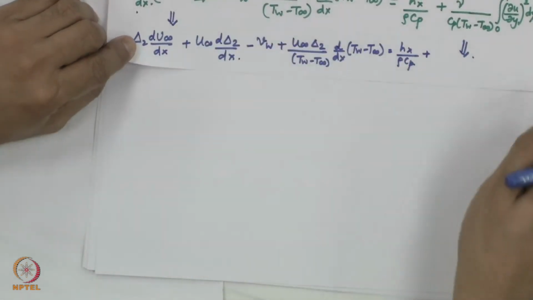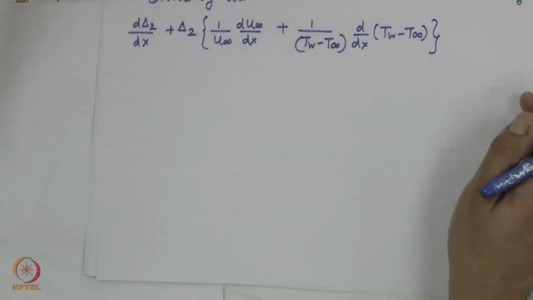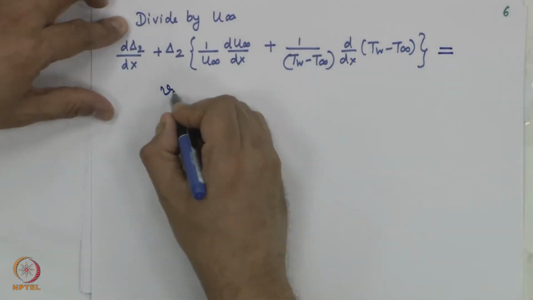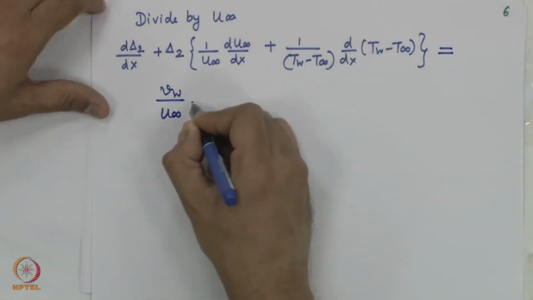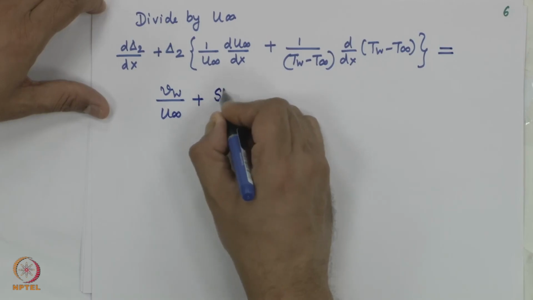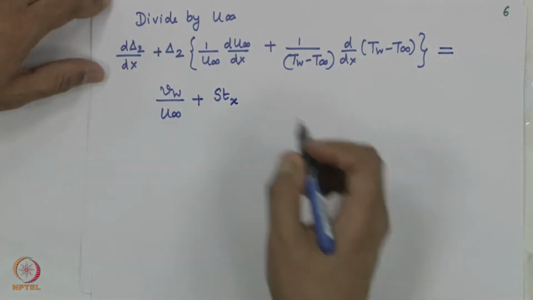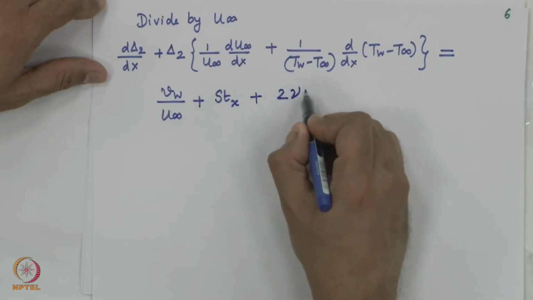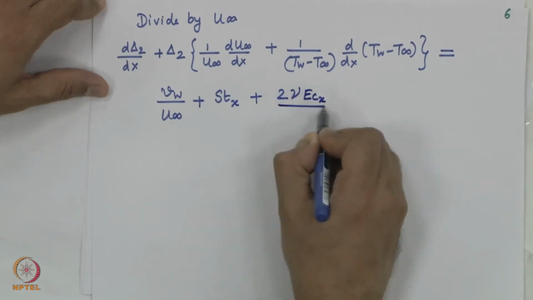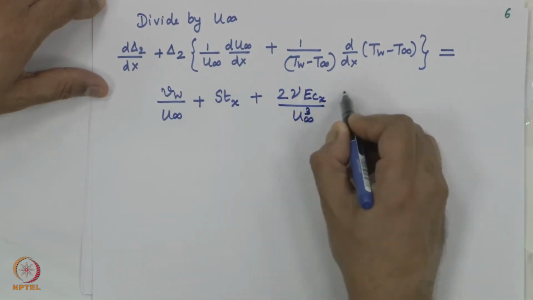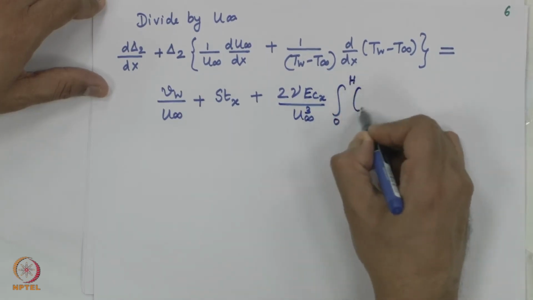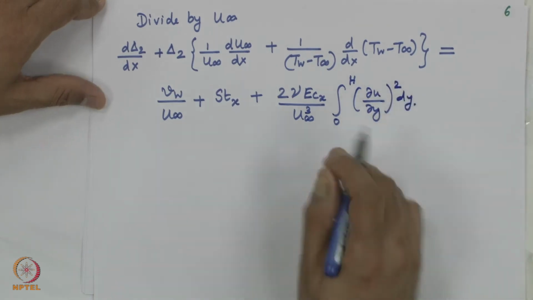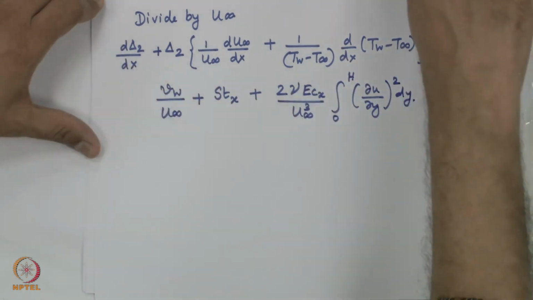Vw I take to the right hand side, so Vw by u infinity would be there. This is equal to Vw by u infinity plus the local Stanton number, which we will define, plus nu by Eckert. This is my energy equation.